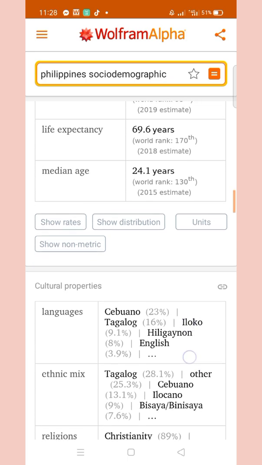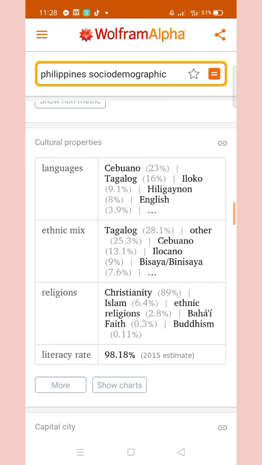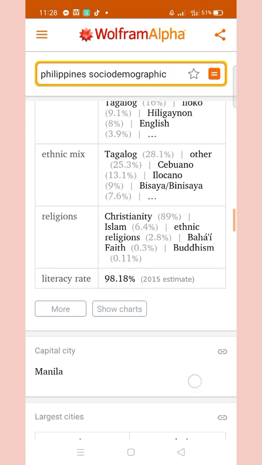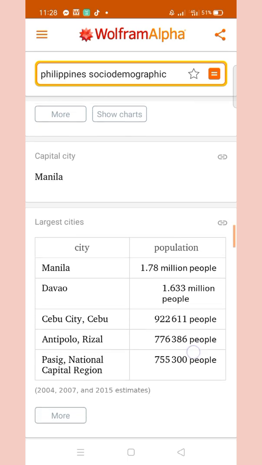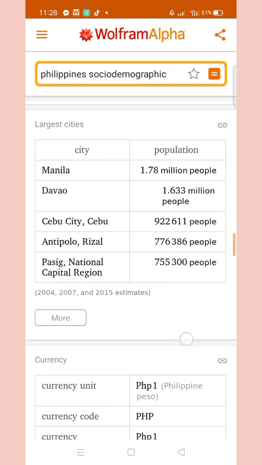Population growth, 1.36%. Then languages, Cebuano, Tagalog, Ilocano, Hiligaynon, English. Ethnic mix, Tagalog, Cebuano, and Bisaya. Literacy rate, 98.18%. So capital city is Manila.